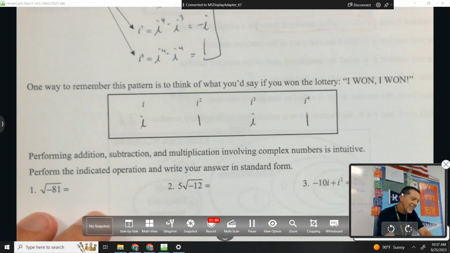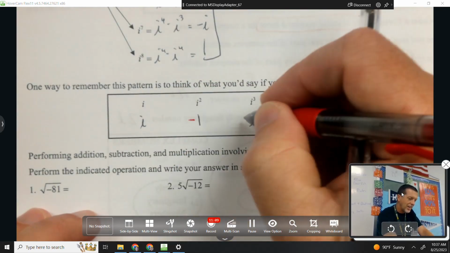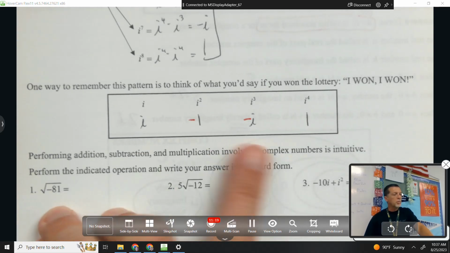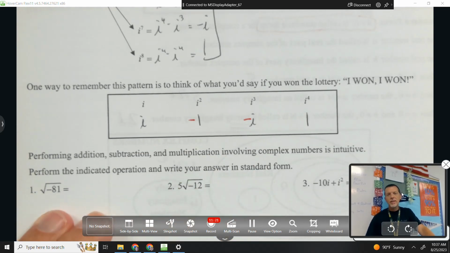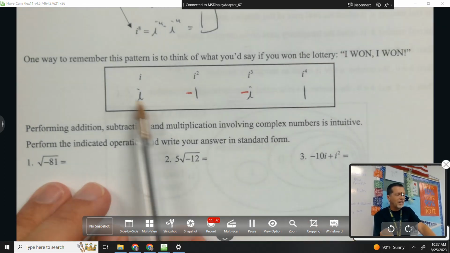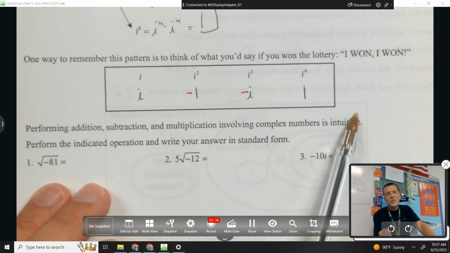It's not awful, but you recognize it's not everything. It's sort of like when you use SOAP to factor: it tells you the signs, but doesn't tell you the terms. This tells you the terms, but doesn't tell you the signs. And someone's like, could you change it to i, negative 1, negative i, 1? Yeah, but then it's not so catchy anymore. So, I don't know. If that helps, great. If not, whatever. You do need to know the pattern, though.